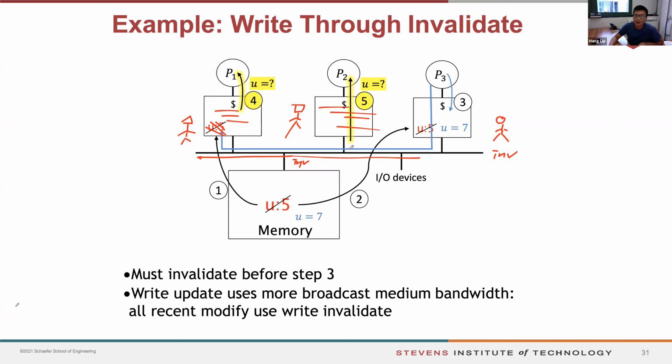And then step 3 is setting U equals to 7. So basically we first invalidate and then we update, right? It changes, then this goes to the MOSI or MESI, right? So it has to change the state of the block as well.